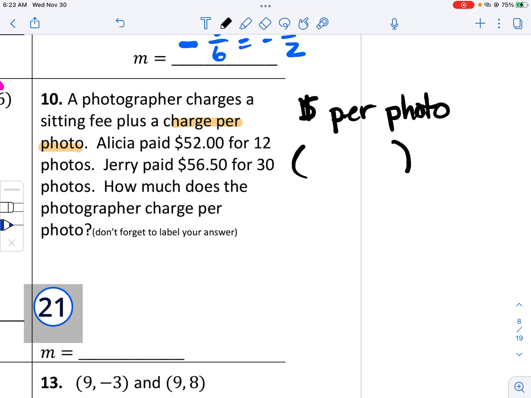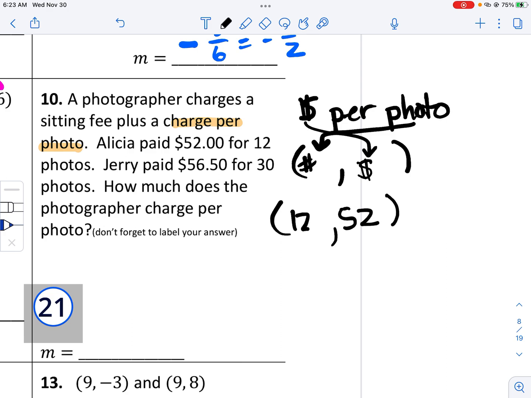So we've talked about this. This part right here goes here. So that's going to be the number of photos. This right here goes here. So this is money. So if I'm looking at this first one, it's $52. So that's the Y value for 12 photos. The next one says Jerry paid $56. So that's the Y value for 30 photos.